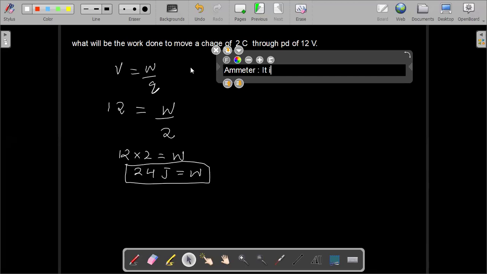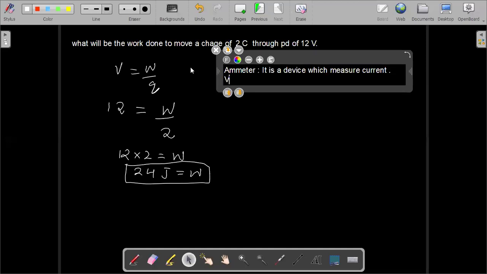It is a device which measures current, and the current is measured in ampere.